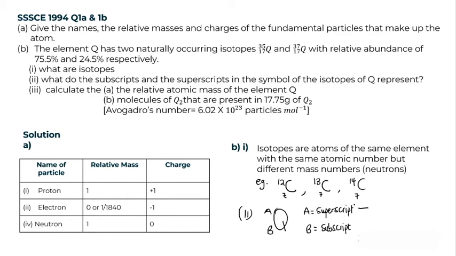Now the superscript, which is at the top, represents the mass number. The subscript, which is at the bottom of the element Q, is what we call the atomic number.